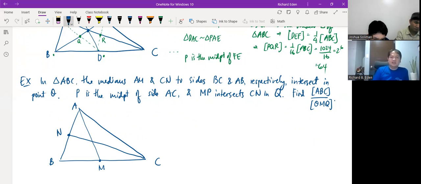The medians AM and CN intersect in point O, so that makes O the centroid. P is the midpoint of side AC, so NP is going to be parallel to BC. M and P, that's the middle triangle. MP intersects CN in Q.